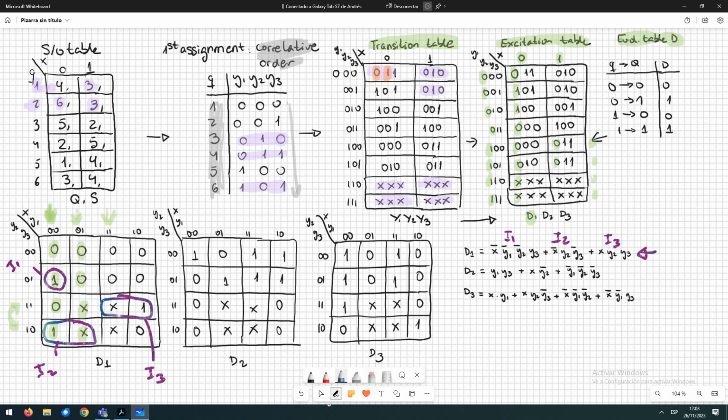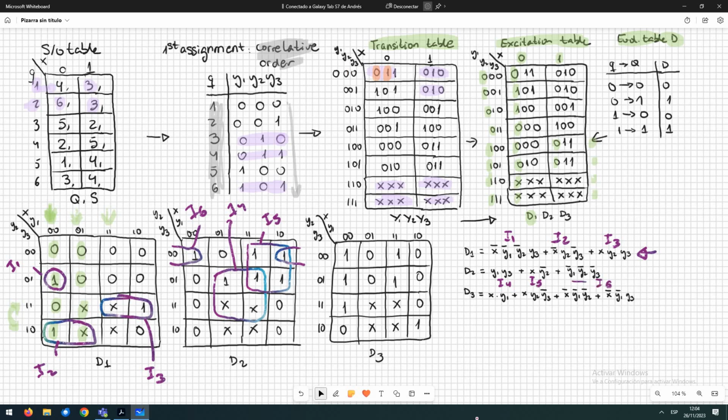For the case of D2, we have this prime implicant, this prime implicant, and this prime implicant. We can call them, for example, implicant 4, implicant 5, and implicant 6. So we have here implicant 4, implicant 5, and implicant 6.